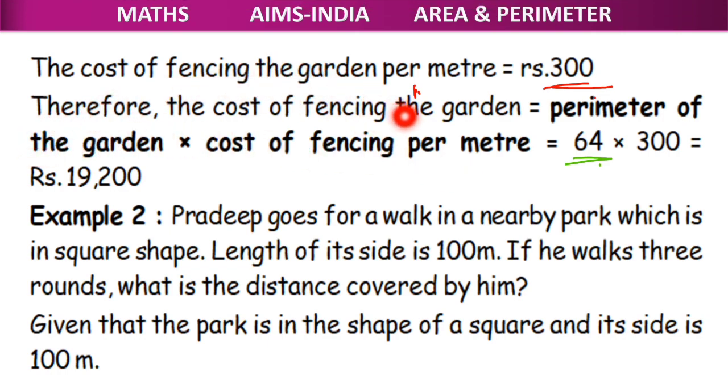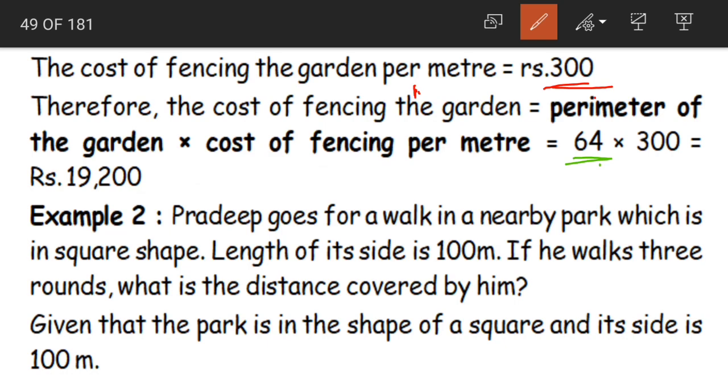See, the cost of fencing, let us revise again. The cost of fencing the garden per meter is equal to 300 rupees. Therefore, the total cost of fencing the garden becomes, we are taking the perimeter. Why the perimeter? Because fencing is done only across the border, and what gives us the length of the border, children? Perimeter.